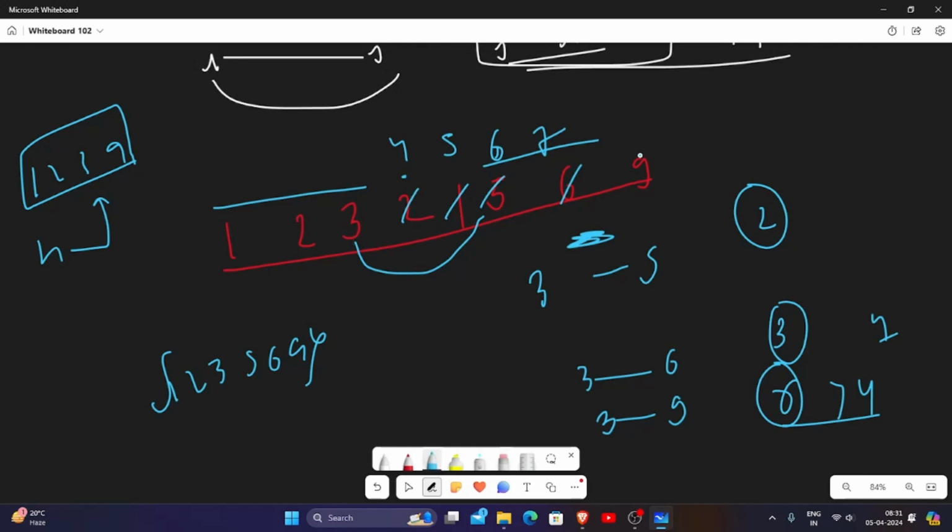When I take 9, the elements between 3 and 9 also follow an increasing sequence. So if I can formulate an increasing subsequence such that, fixing two bounds, the elements between them would also form an increasing sequence, then I can add them. But if this condition is not satisfied, then I cannot add that to my subsequence. So this is the problem.